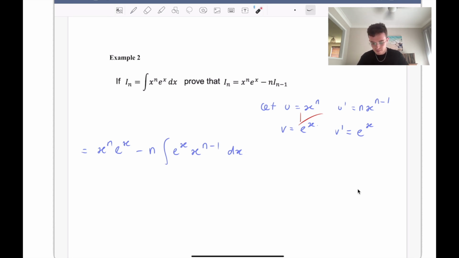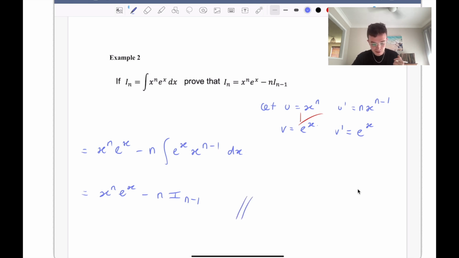This bit here is simply this integral, but the n is now n minus 1. So this is just x^n e^x minus n I_{n-1}, because the n has just been replaced with n minus 1, and we're done.